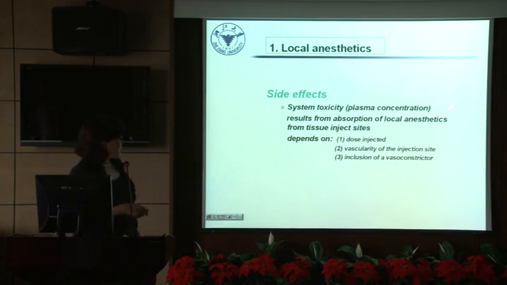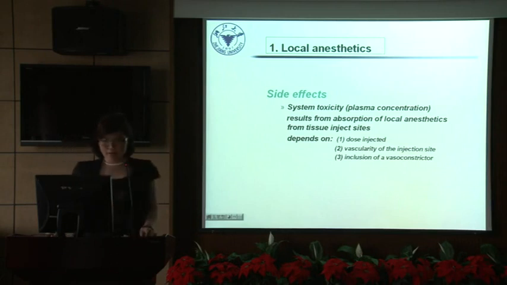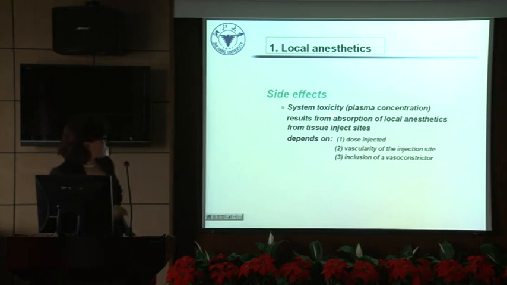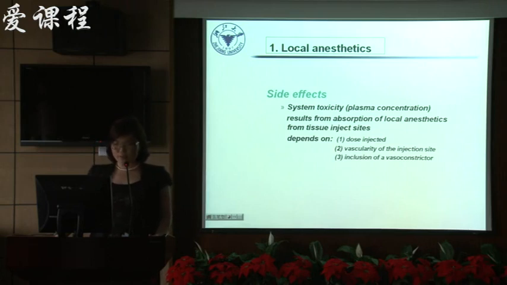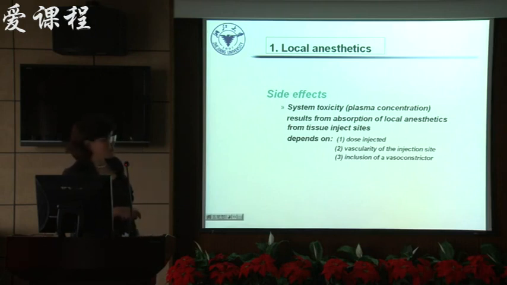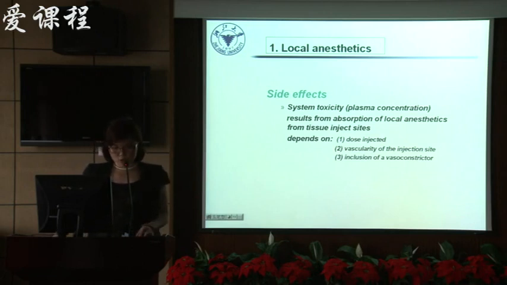If the plasma concentration of local anesthetics is high, it can cause systemic toxicities, and they usually result from absorption of local anesthetics from the tissue injection sites into the circulation, and the amount of the local anesthetics going into the blood vessels and circulation depends on the dose of anesthetics injected, the vascularity of the injection site, and also inclusion of vasoconstrictors.